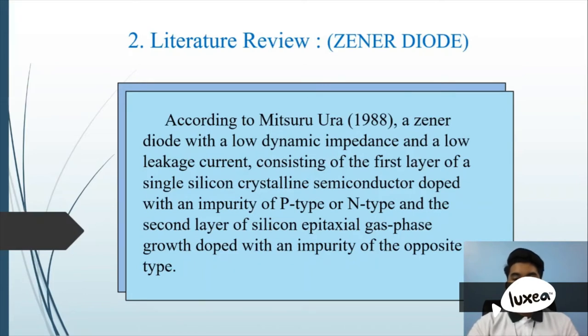According to Mitsuru Ura, 1988, a Zener diode with a low dynamic impedance and a low leakage current consists of the first layer of a single silicon crystalline semiconductor doped with an impurity of P-type or N-type, and the second layer of silicon doped with an impurity of the opposite type. So that's it for the first statement.